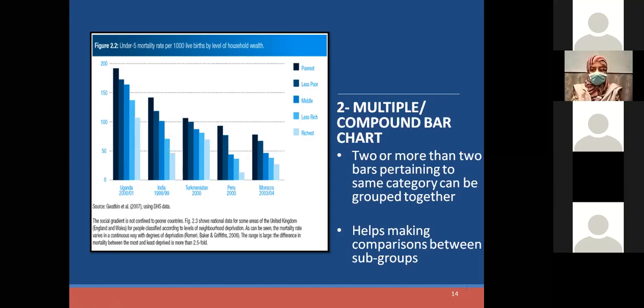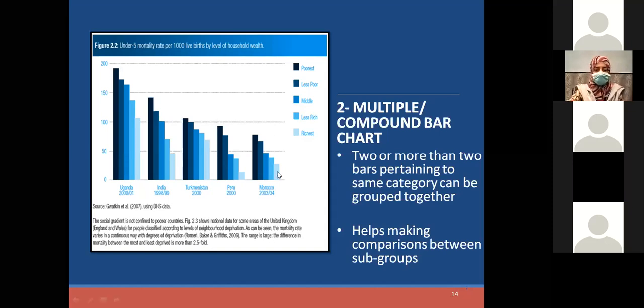There are 2 or more than 2 bars that pertain to the same category, and they help in comparing India and different countries. Compared to Uganda, what's the death rate in India? What's the number of deaths or the mortality that is occurring in India? And then the richest and the poorest can also be compared.